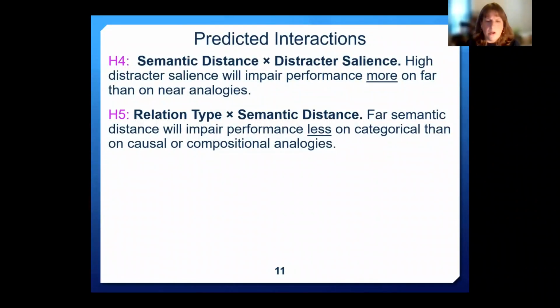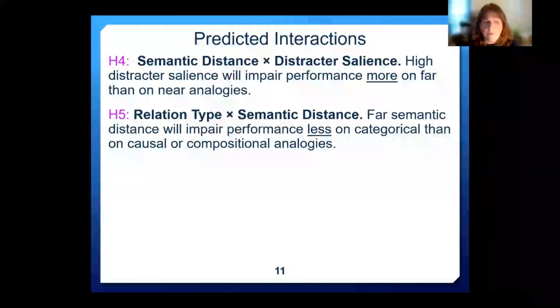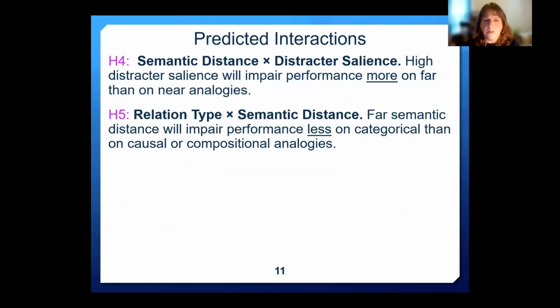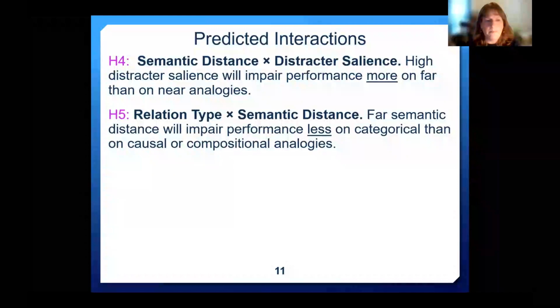So in other words, wrench is to tool as sad is to mood. You can keep in mind, it doesn't matter that there's less similarity between the corresponding terms because you have that strong categorical relation being automatically, spontaneously activated anyway.